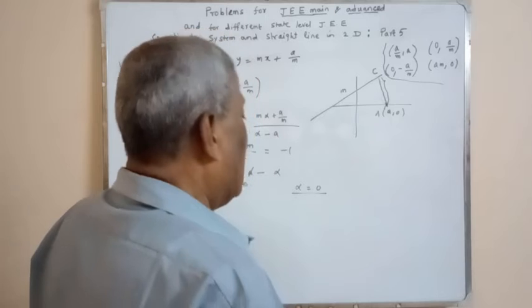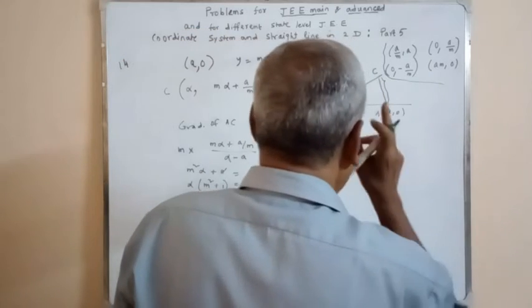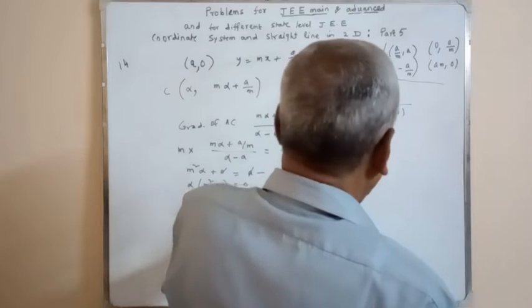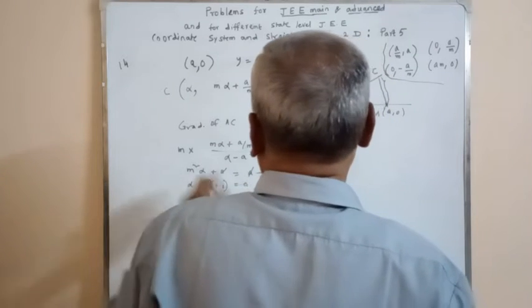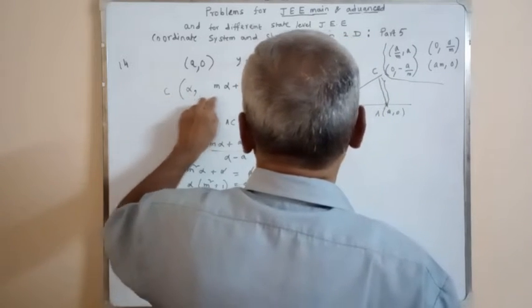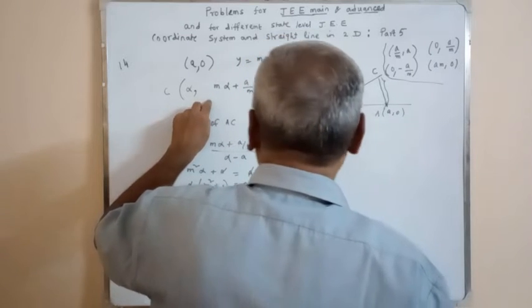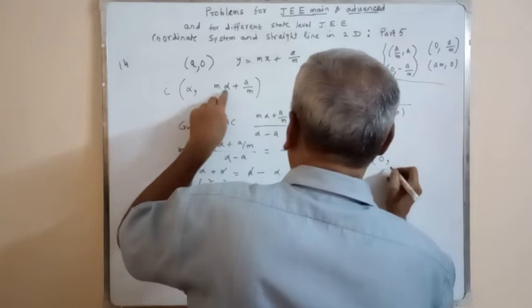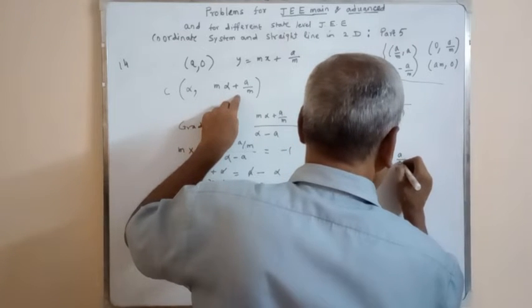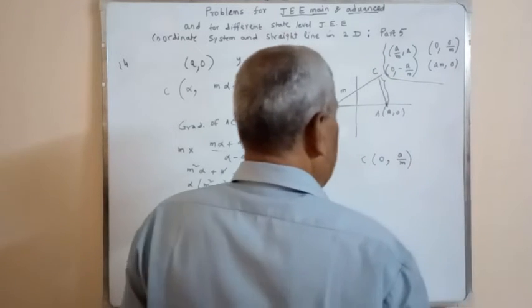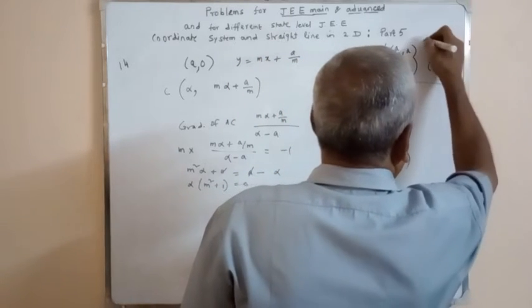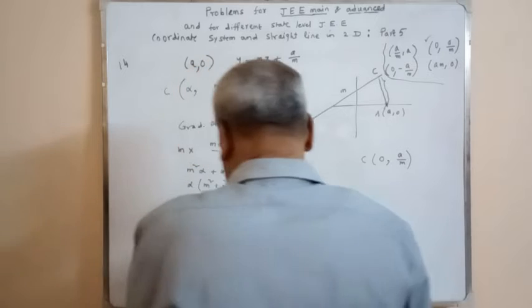Putting alpha equal to 0 in C, C is equal to 0 comma a by m. This is the required foot of perpendicular. So 0 comma a by m, option B is correct.